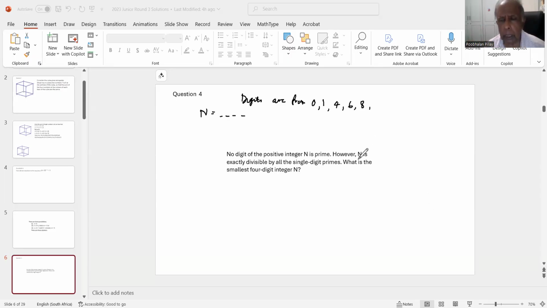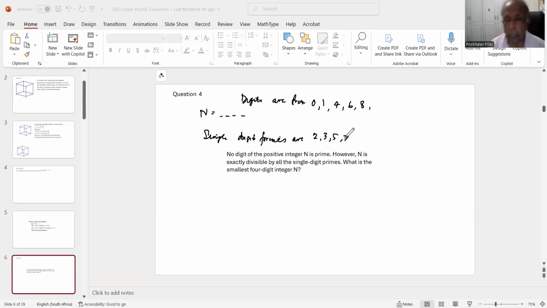Okay, now however, n is exactly divisible by all the single-digit primes. Okay. Now, what are the single-digit primes? They are starting from 2, 3, 5, and 7.